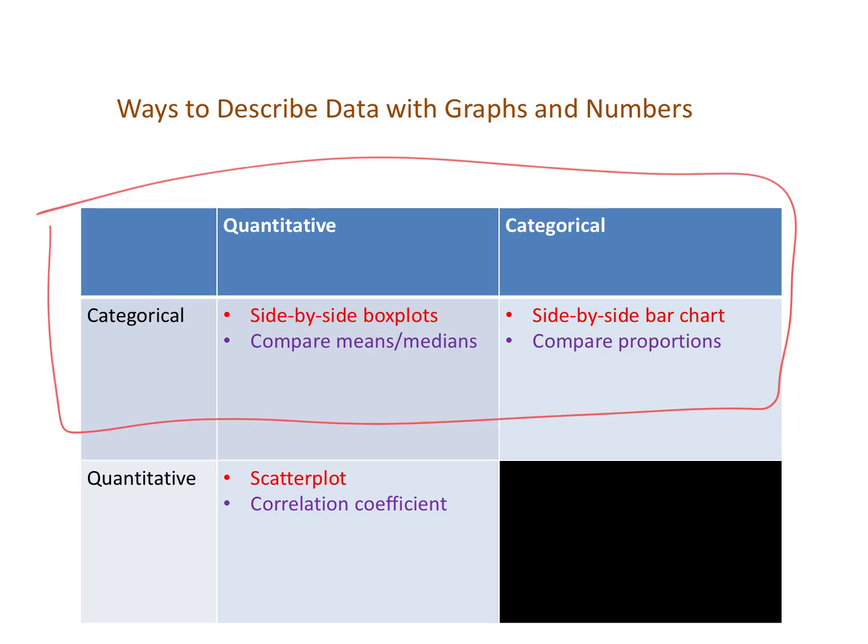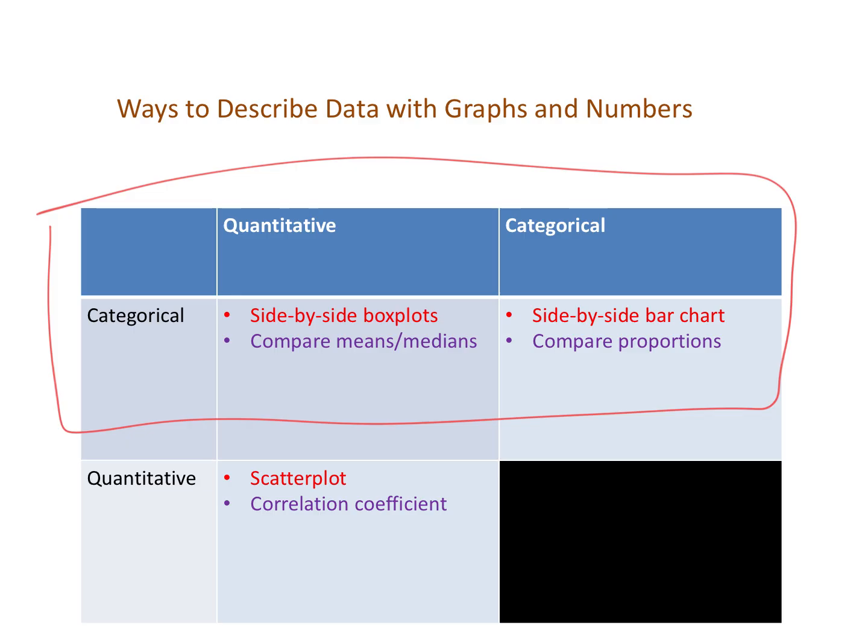And then in the second part, we'll look at what we do if both variables are categorical. There are certain graphs that are appropriate in each situation, and certain numeric statistics that are appropriate. We'll do this part in the next video, Lesson 3, Part 2.